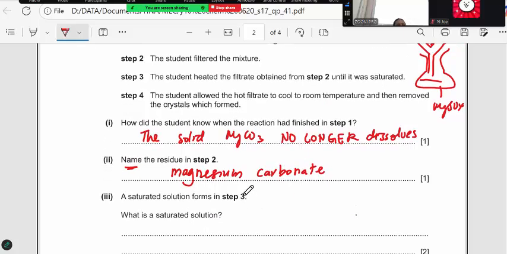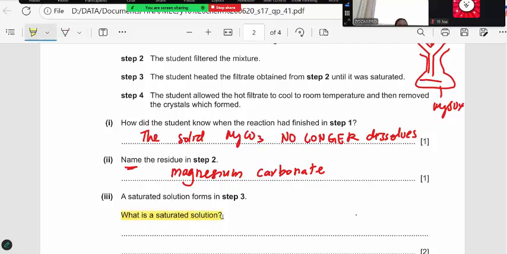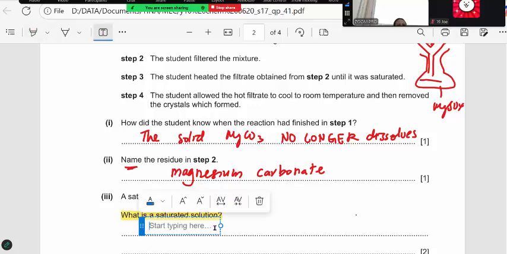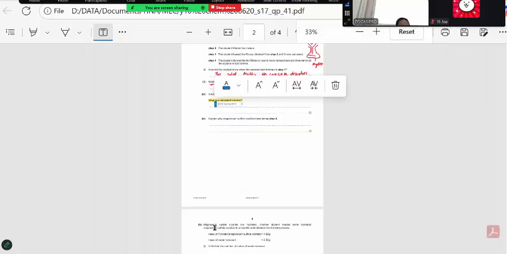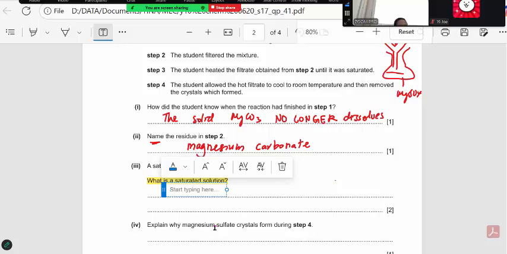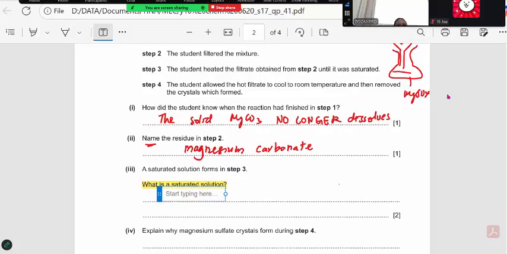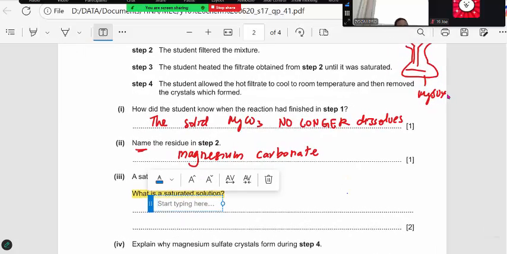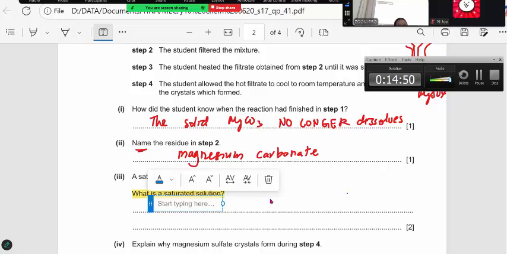What is a saturated solution? For a saturated solution, you cannot write what you feel. You have to write the actual definition. Saturated is very, very concentrated, meaning that you cannot add any more solids.